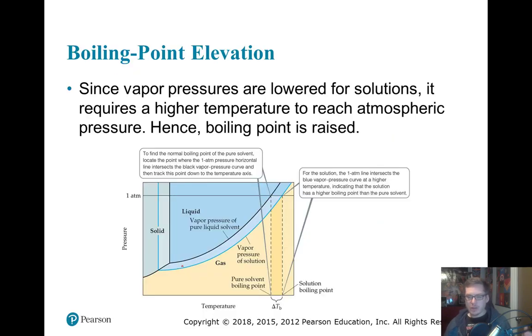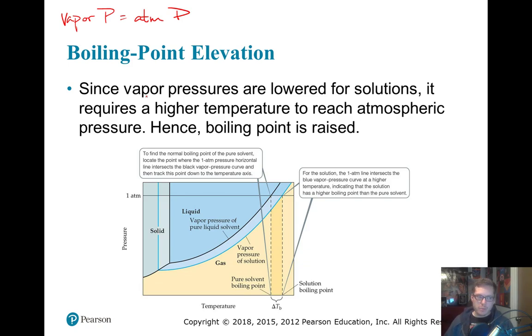All right, boiling point elevation. Remember when we talked about boiling point, boiling is when the vapor pressure is equal to the atmospheric pressure. That's the definition of boiling point. If our vapor pressure lowers, it's going to be harder to reach our atmospheric pressure, because we just established that adding a solute makes our vapor pressure go down.